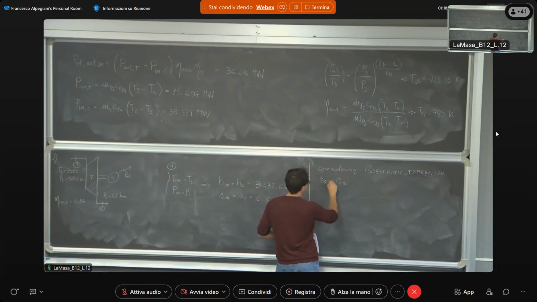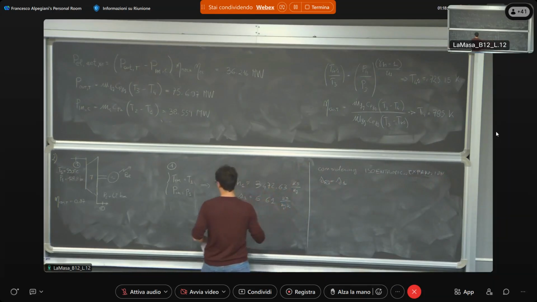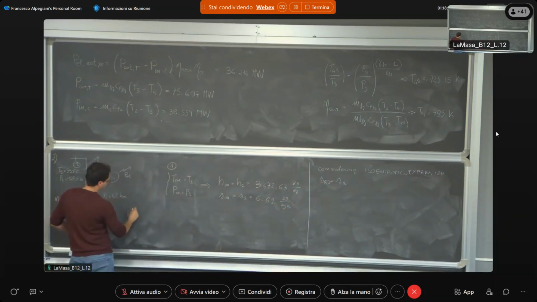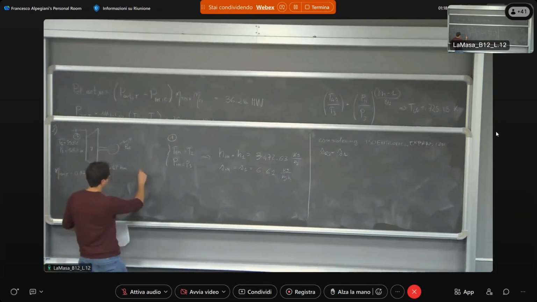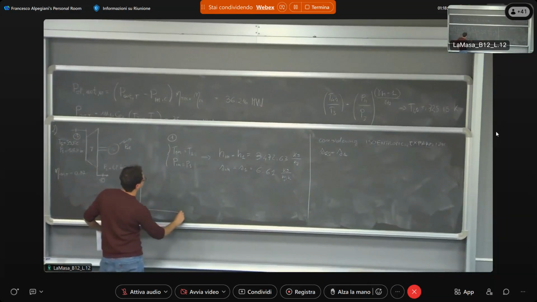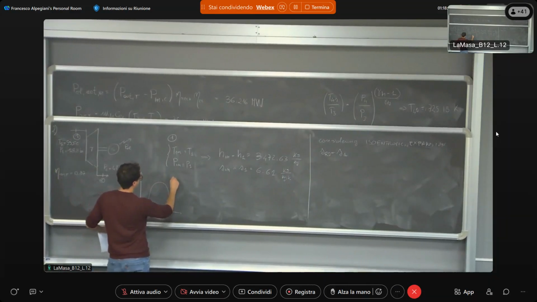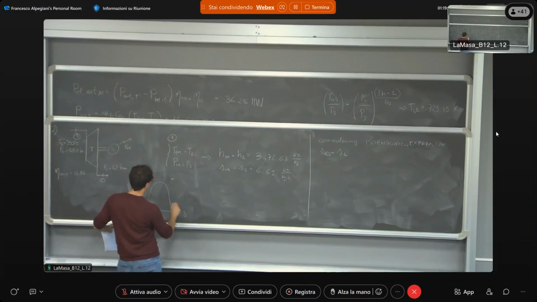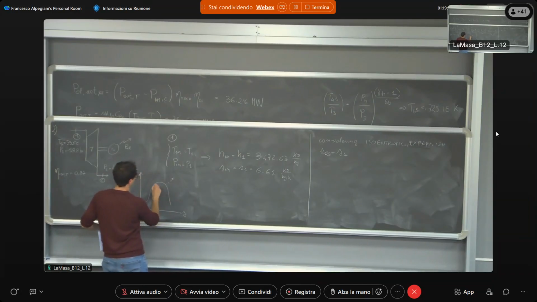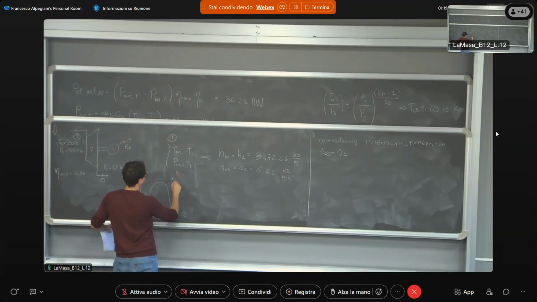S2 in point 2S. As done before, this is the TS diagram, so for water it is something like this. This is P1 and this is, for example, P2.